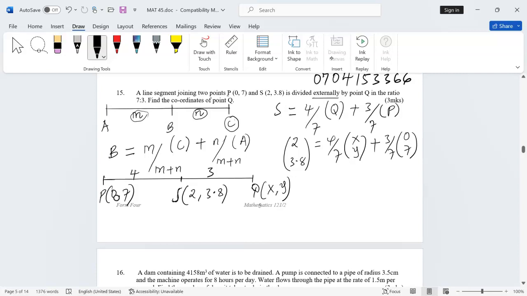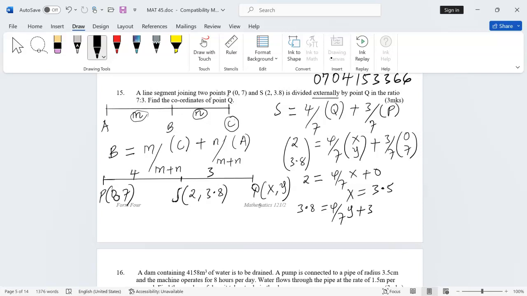We can start with the X coordinates. 2 equals 4/7 X plus 0, because 3/7 by 0 will just remain 0. And so to remain with X, we have to multiply by 7/4. So 14 out of 4 becomes 3.5. The next is the Y coordinate. 3.8 is equivalent to 4 out of 7 Y plus 3/7 by 7, which becomes 3.